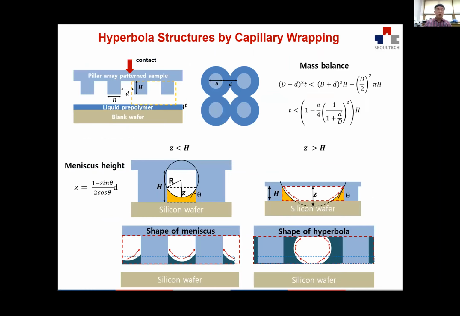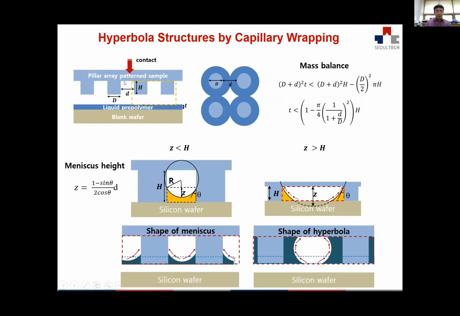To control the shape, we can use different shapes of micropillars, meaning the space ratio, and we can control the thickness of the liquid polymer.